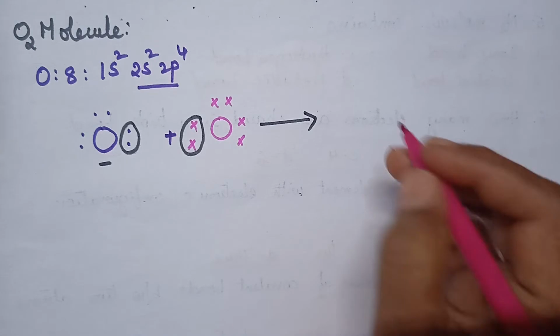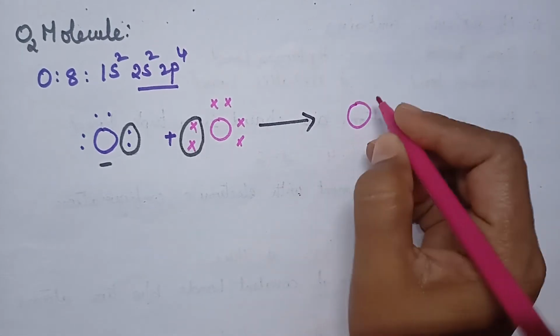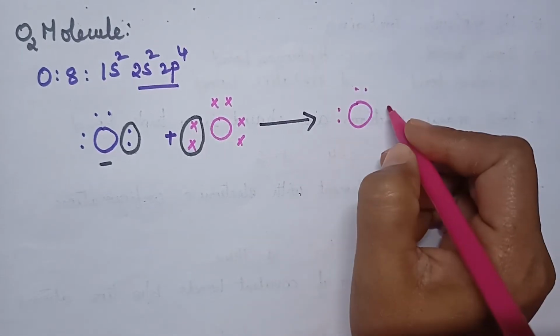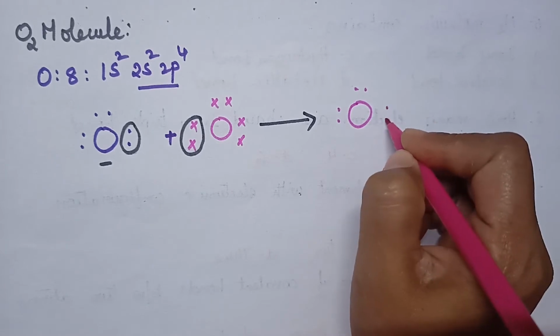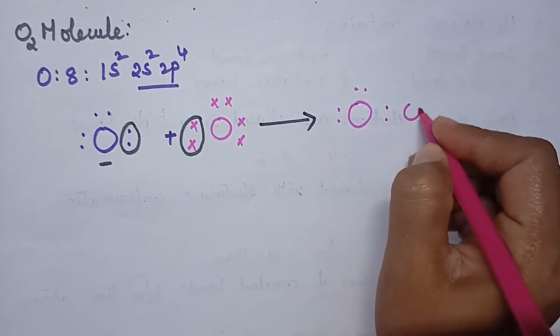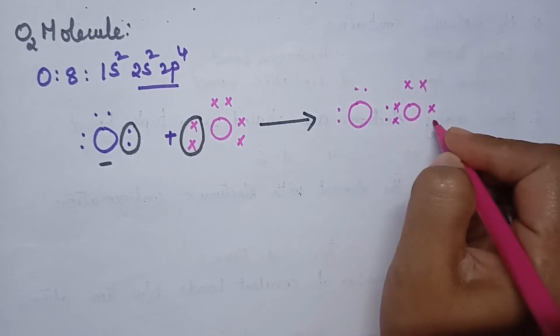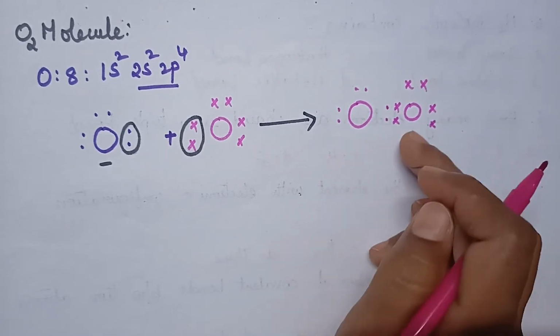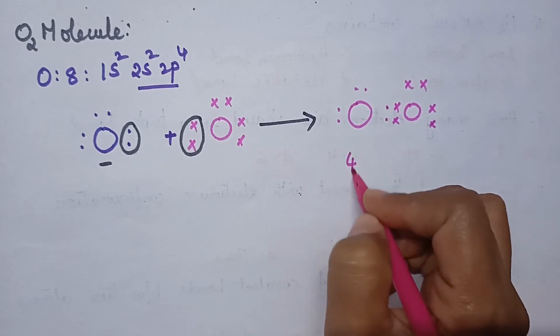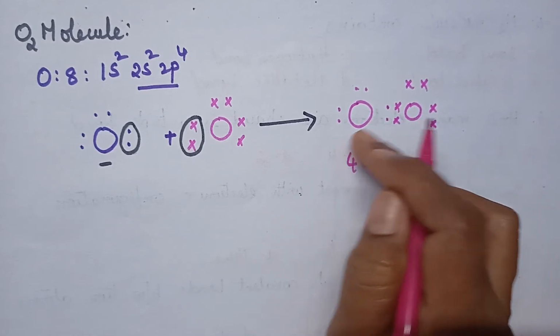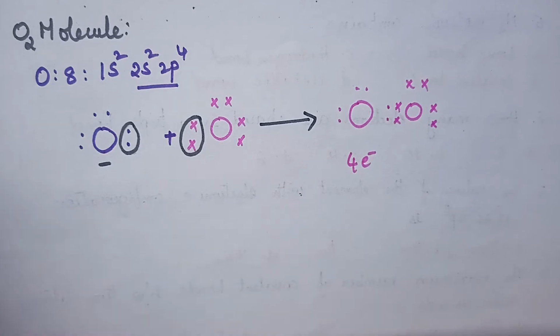So, let us see the formation of oxygen molecule. Each oxygen contributes how many electrons? 2 electrons. And as a result, how many electrons are shared between the 2 oxygen atoms? 4 electrons will be shared between the 2 oxygen atoms.